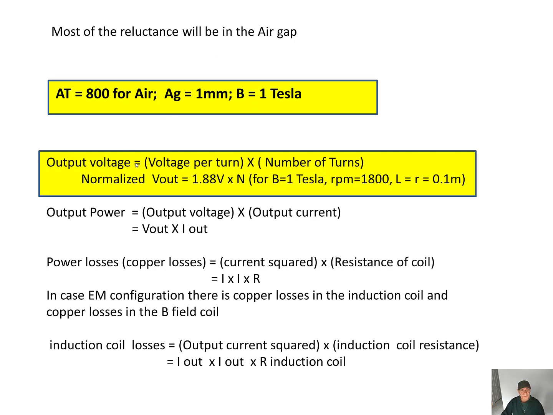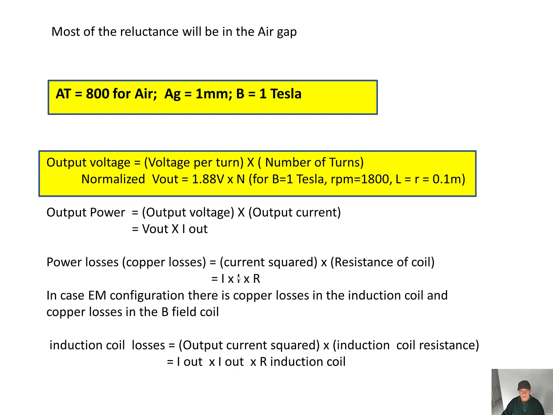So the output voltage is voltage per turn times the number of turns. Normalized V out is 1.8 volts times N for W equals 1800 RPM, L equals R equals 0.1 meter or 100 millimeters. The output power is the output voltage times the output current, so voltage times I out.